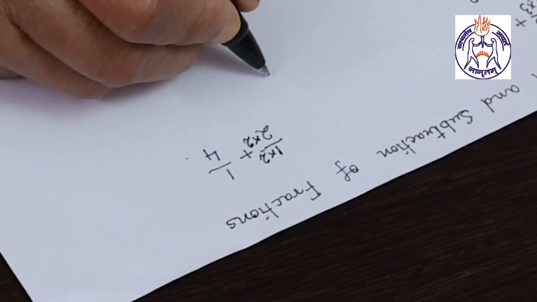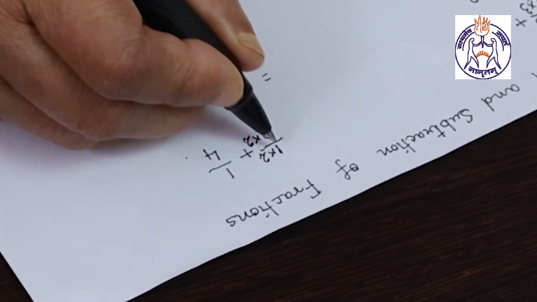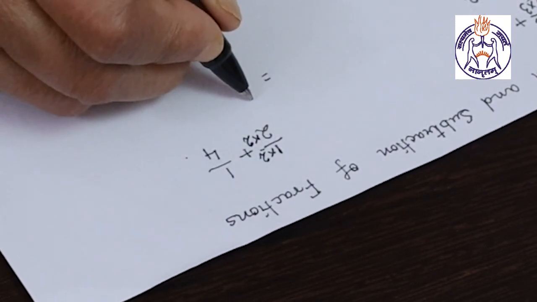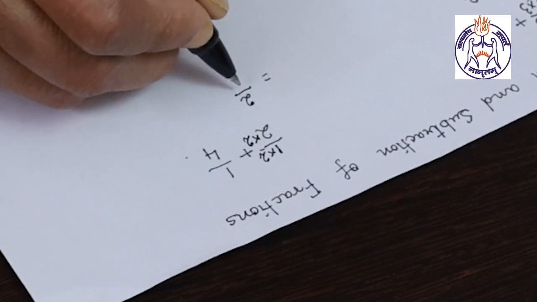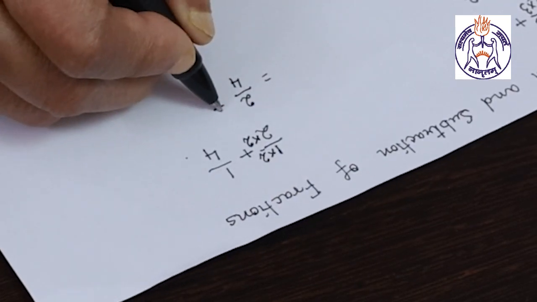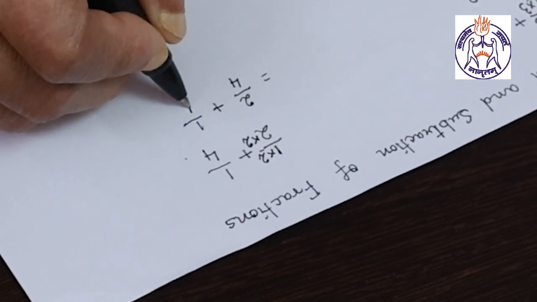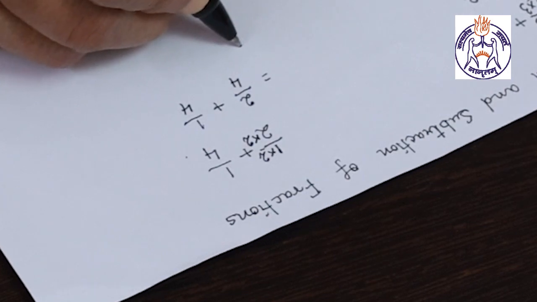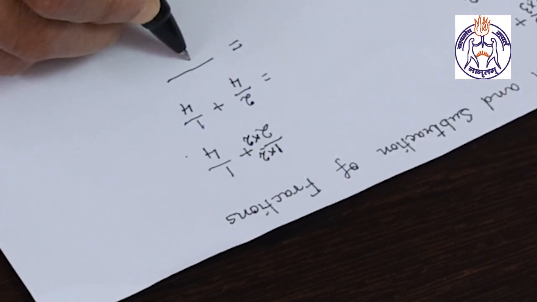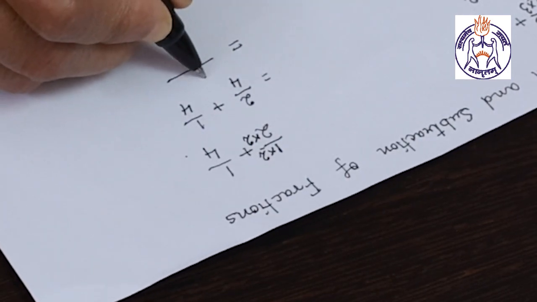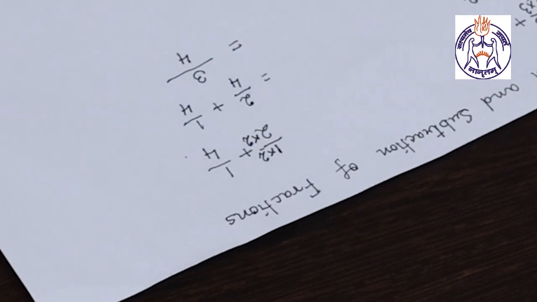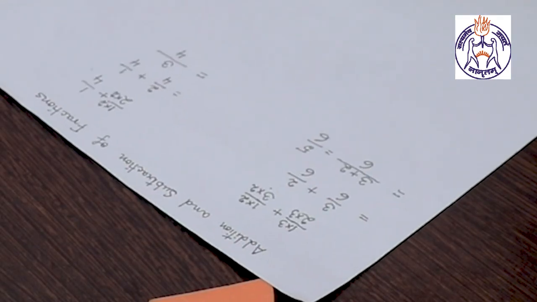So, 2 by 4 is an equivalent fraction of half. This is 2 by 4 plus 1 by 4 is equal to 3 by 4.